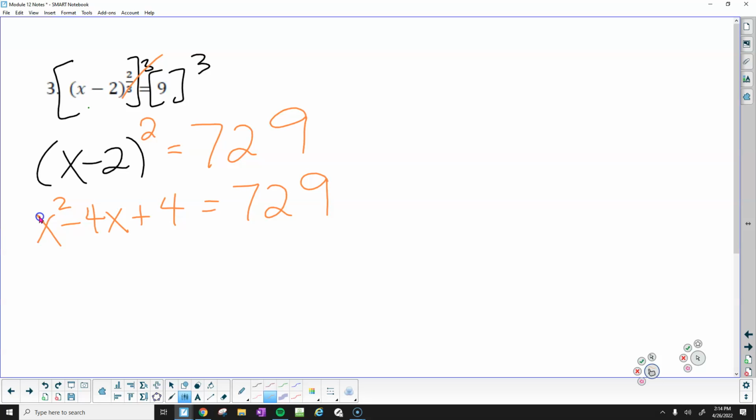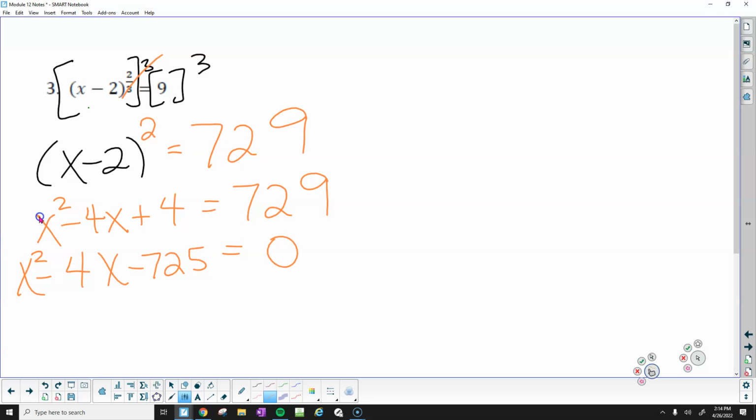Yeah, right there. What does it have to equal under there? 0. So x squared minus 4x, that 729 is going to be negative over here. So negative 729 plus 4 is negative 725.